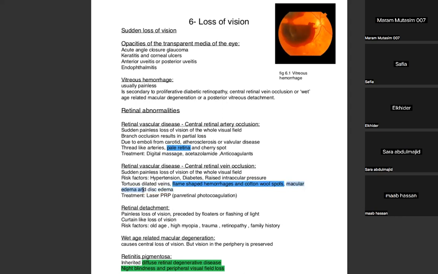So where's the difference? In artery occlusion, our issue is that there's no blood supply, so it looks pale. But in central retinal vein occlusion, there's no blood drainage, so it looks red, it looks swollen, it looks like there's a lot of hemorrhage there.